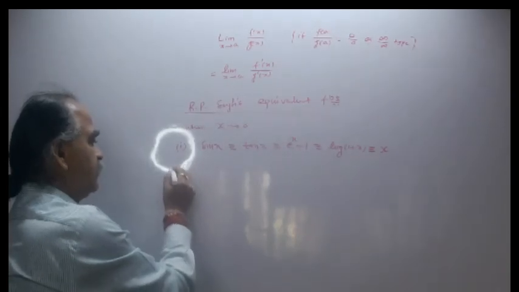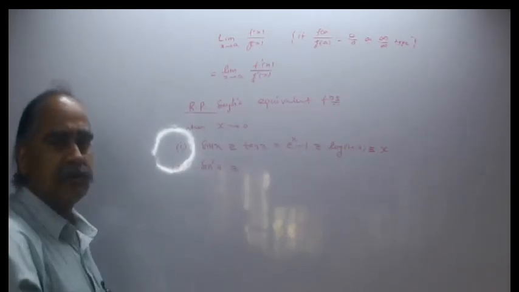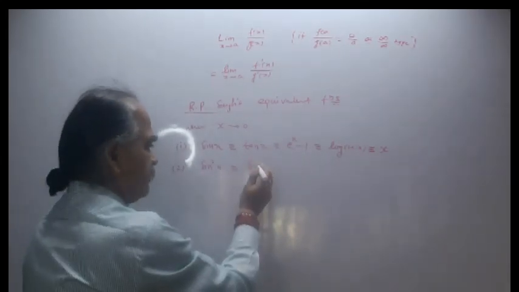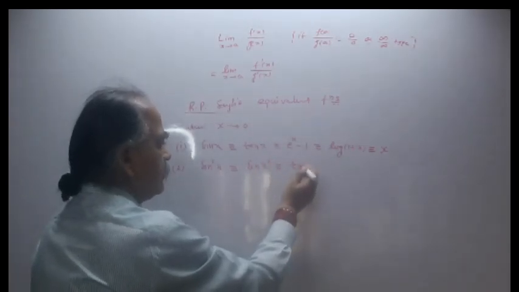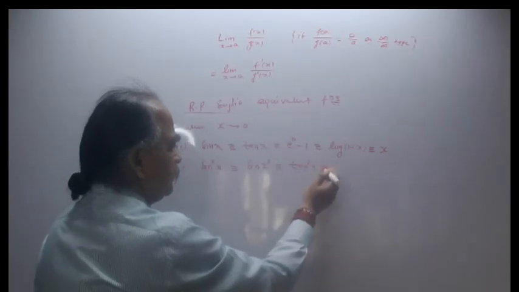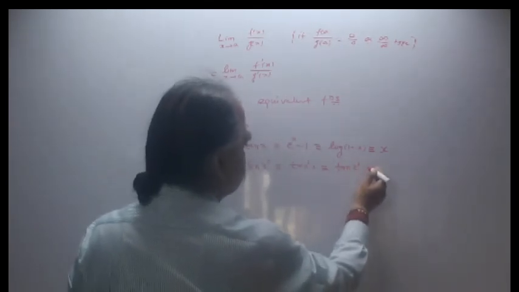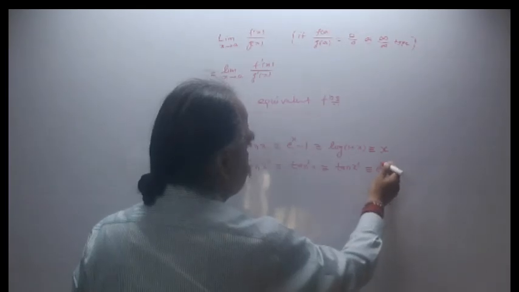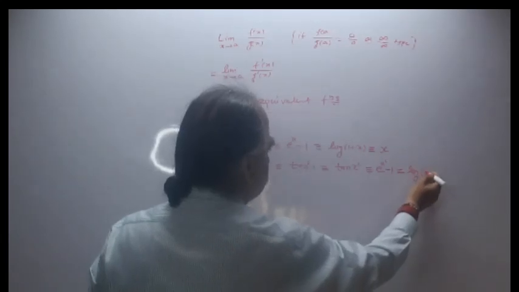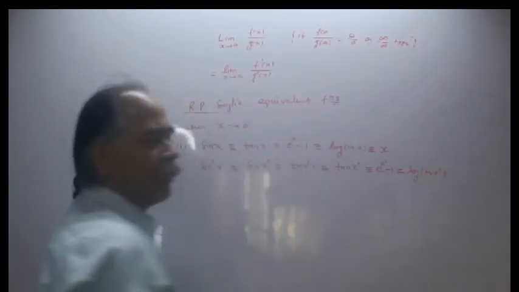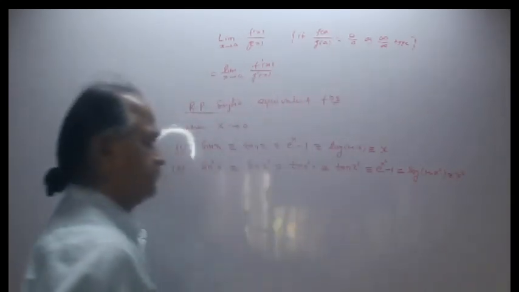And second is sin square x, equivalent to sin x square, equivalent to tan square x, equivalent to tan x square, equivalent to e raised to x square minus 1, equivalent to log 1 plus x square, and all are equivalent to x square.